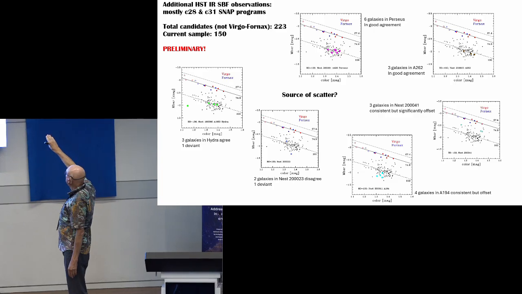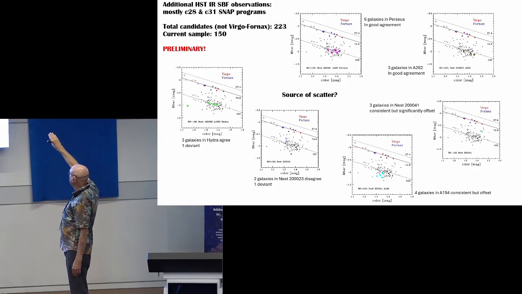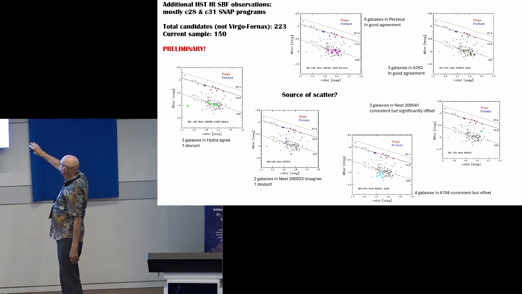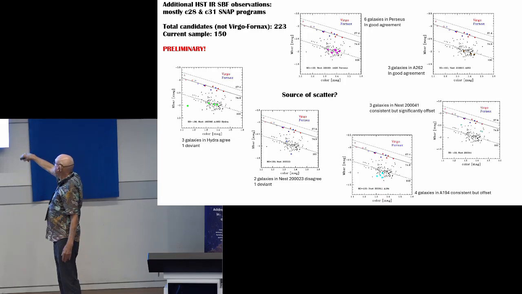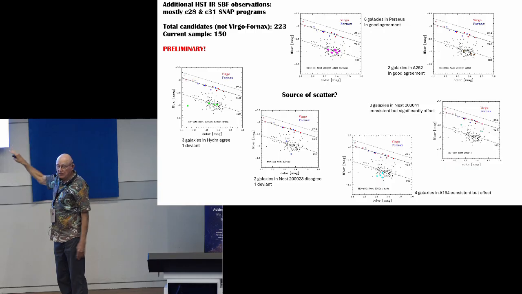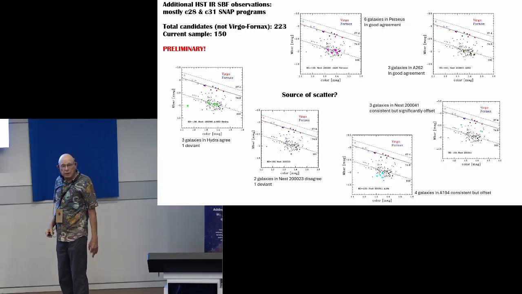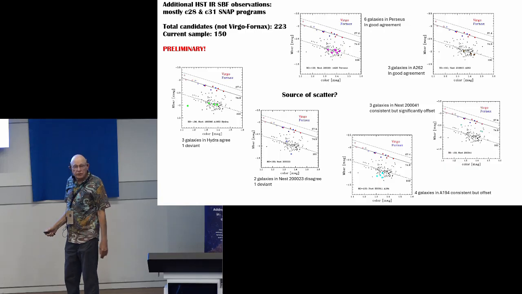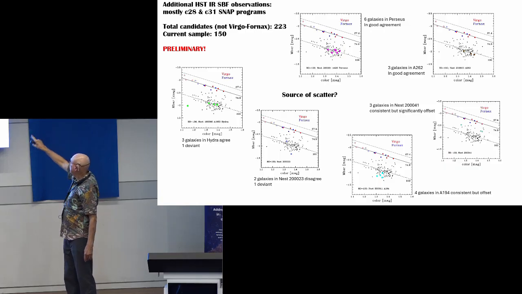If I go over to the Abell 262, here's an interesting case, the three galaxies that we have in that particular cluster, you see all three are offset about the same amount from that line there, and that would suggest that is due to peculiar velocities.